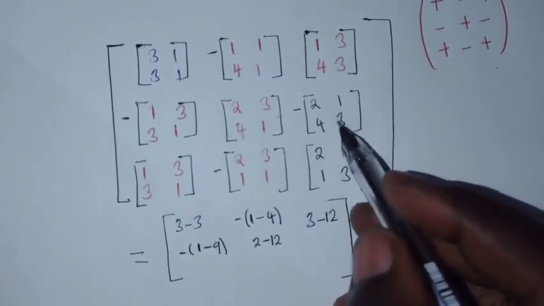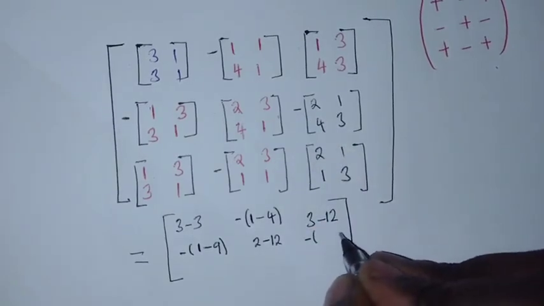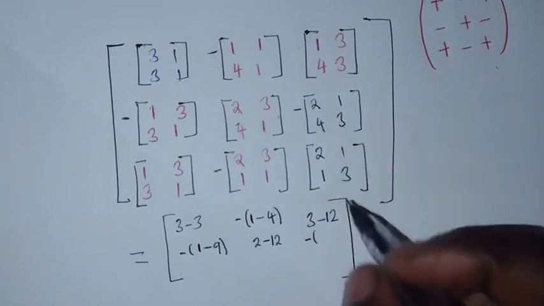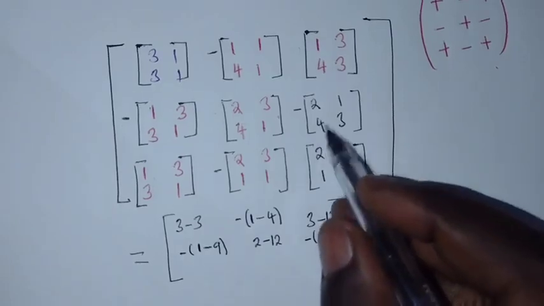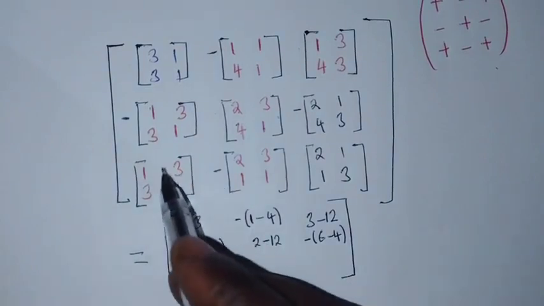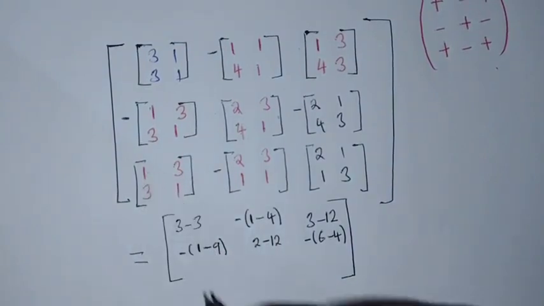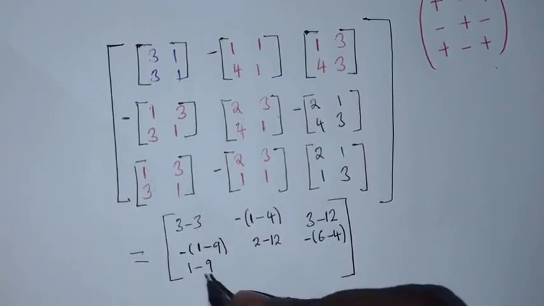We come to this other element, there is a minus here, so you have to be careful with the signs, okay? 2 times 3, it's a 6, minus 4 times 1, it's a 4. We close. We come here, 1 times 1, it's a 1, minus 3 times 3, it's a 9.